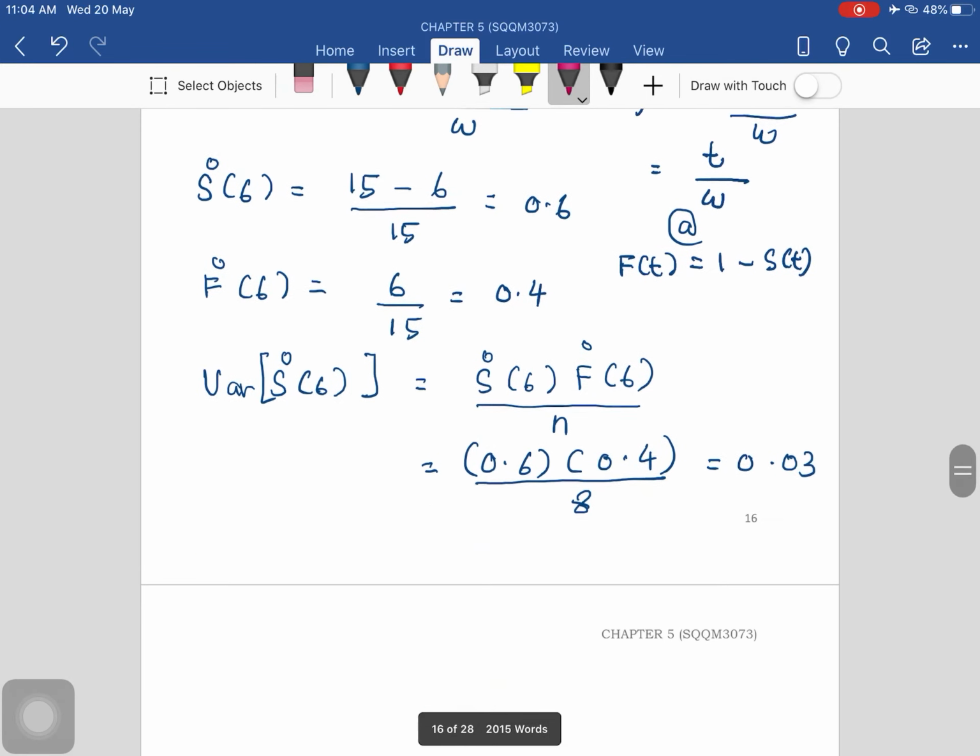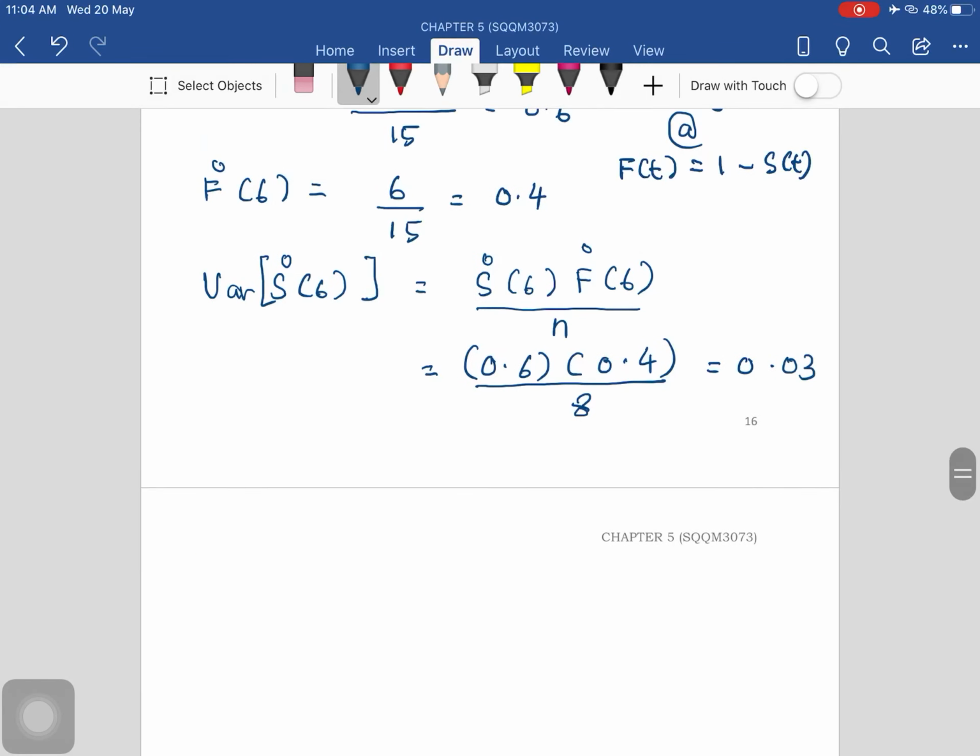So for B, to find the variance of S_hat(6) with no distribution, we follow the formula given before in the previous notes before the example.